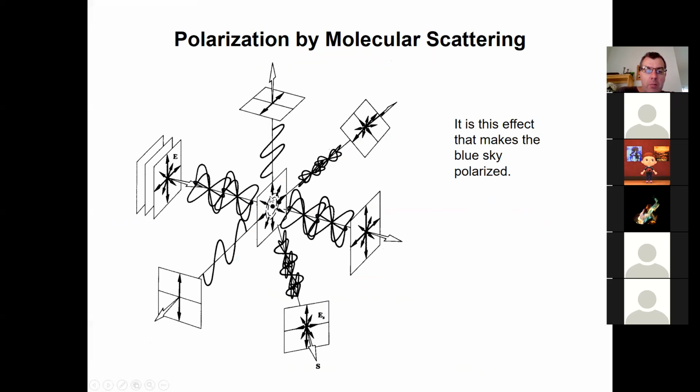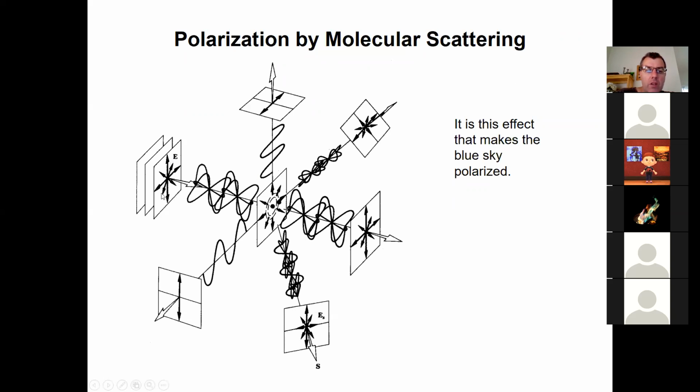Meanwhile, the vertical dipole does scatter light if the direction of travel is perpendicular to the dipole axis, then the direction of the electric field is along the dipole axis. So the light that's coming in vertical scatters vertical light this way.